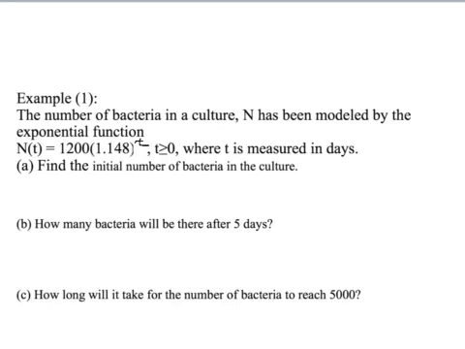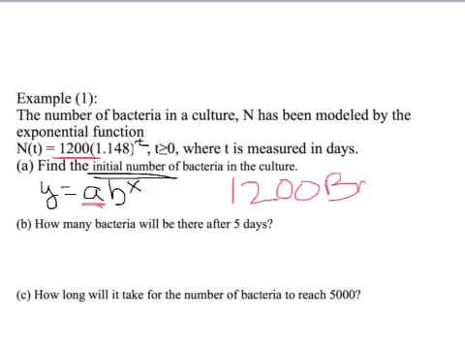So we want to find the initial number of bacteria in the culture. The initial amount is your a in y equals a b to the x. So the a is the number being multiplied by the base. That would be the 1200. So the initial amount would be 1200 bacteria.